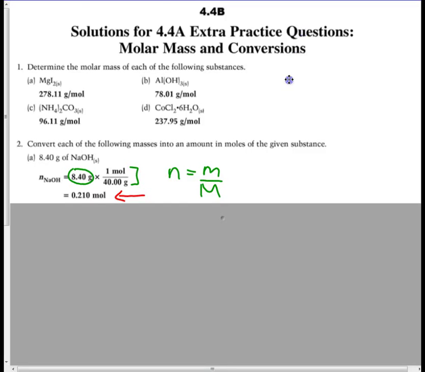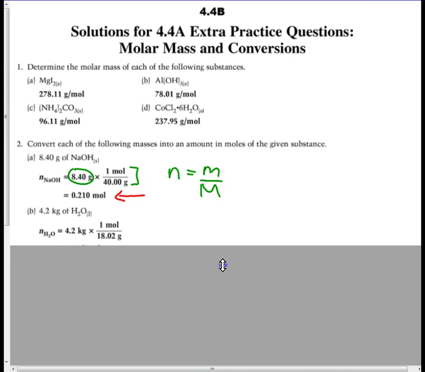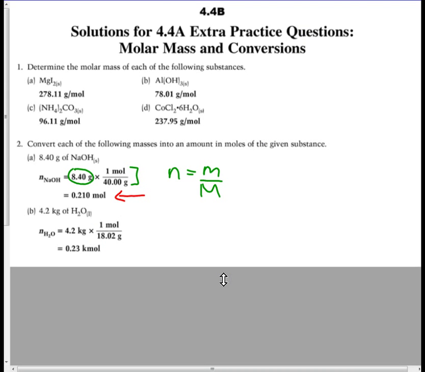If we were to look at the next question, here we're taking, again, a slightly larger mass, but again, we're multiplying by a rate, which is that there's 1 mole per 18.02 grams. Another thing you'll notice in this solution sheet here is that the answer is in kilomoles. So just be cautious about how you use your prefix units.